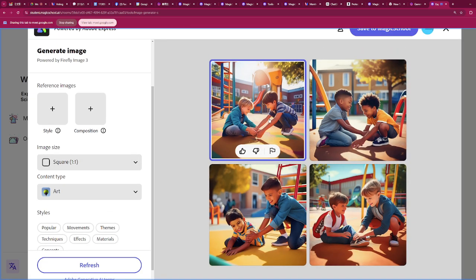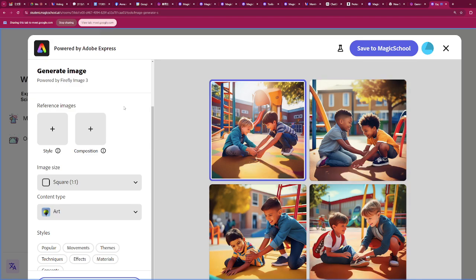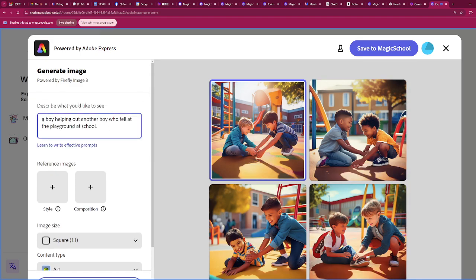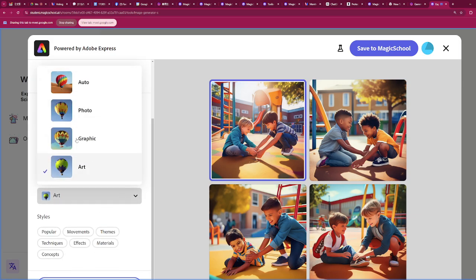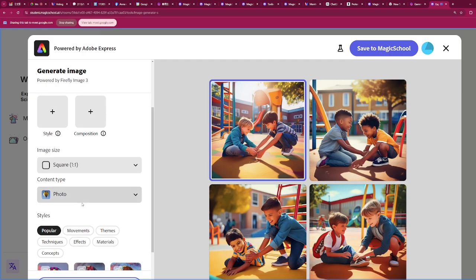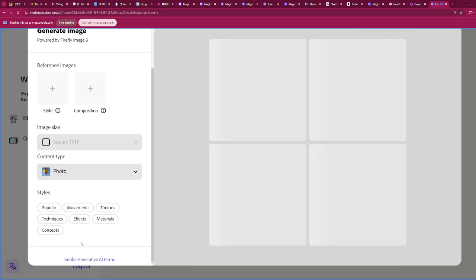But notice, what about if you want to see Asian faces? For example, let's say Taiwanese, another boy. And let's say it's a photo, right? And generate again.